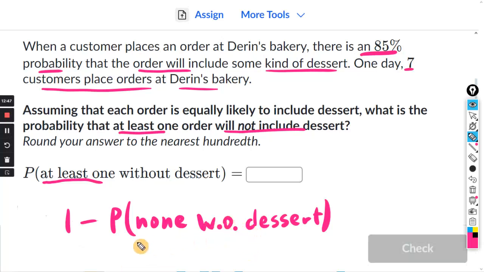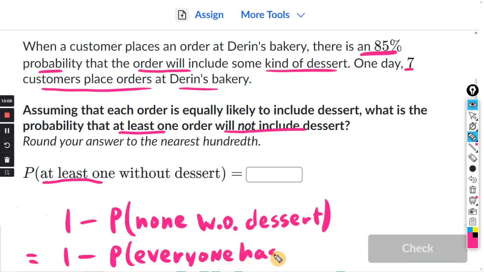Now let's translate this. We keep the 1 minus. What does it mean if no one is without dessert? That basically means everyone has dessert. No one without dessert means that everyone has dessert. All right, so that is the same thing. None without dessert is the same as everyone with dessert.